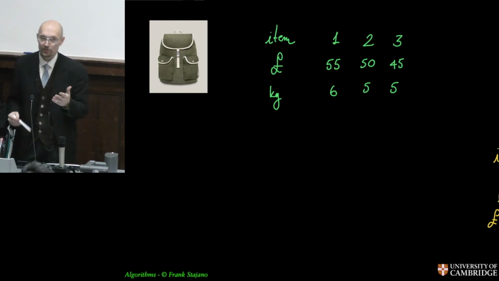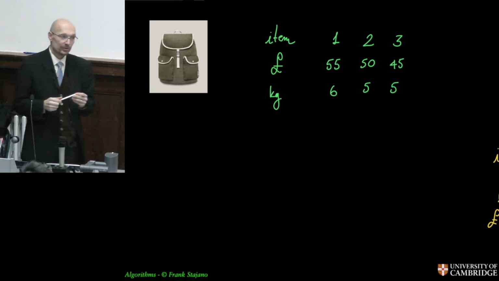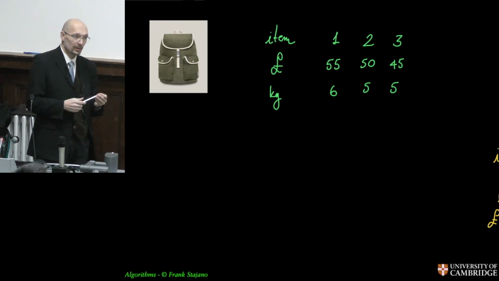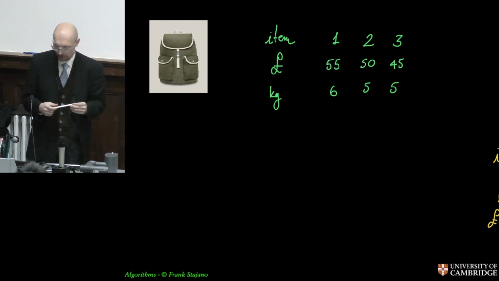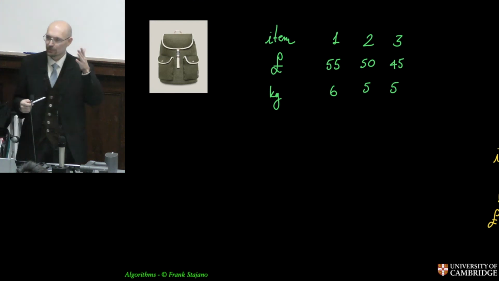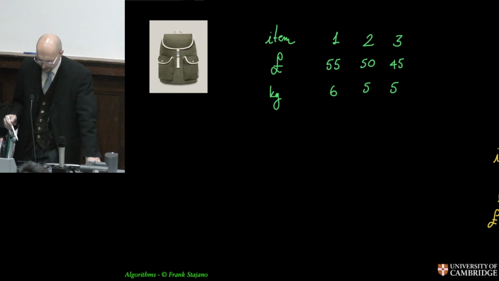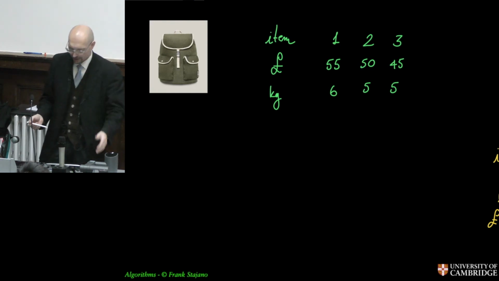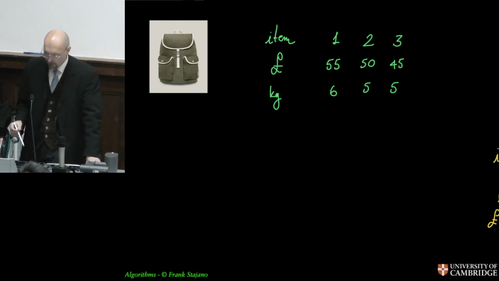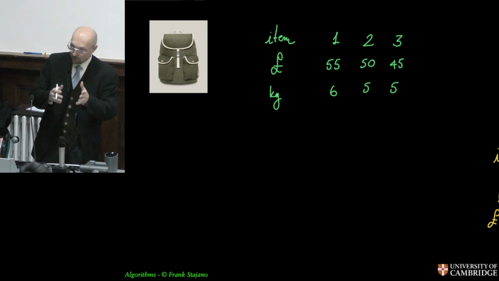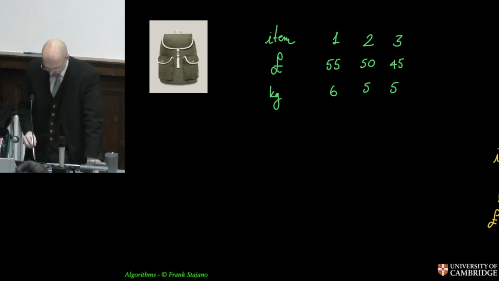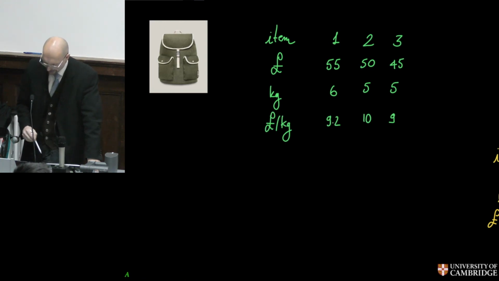But maybe it's just because the criterion I've used to inspire my greed was wrong, like we had in the example of the hotel allocation. There were many ways to be greedy, and you have to be greedy in the smartest way. So maybe if you had the choice not of the most valuable item per se, but the item with the greatest density of value, so the item for which each kilo of it is worth the most, then you would compute this density like this in pounds per kilo.